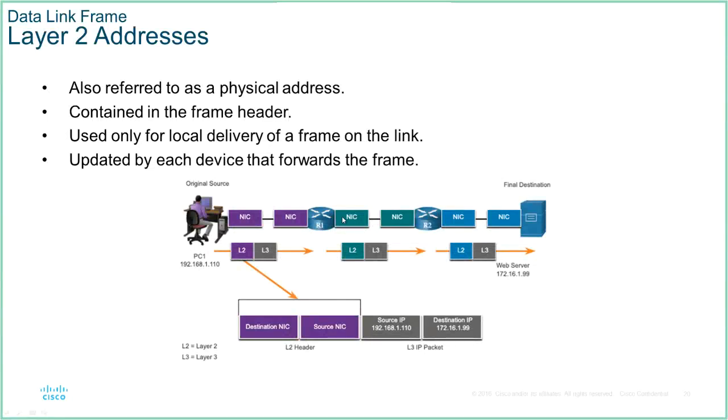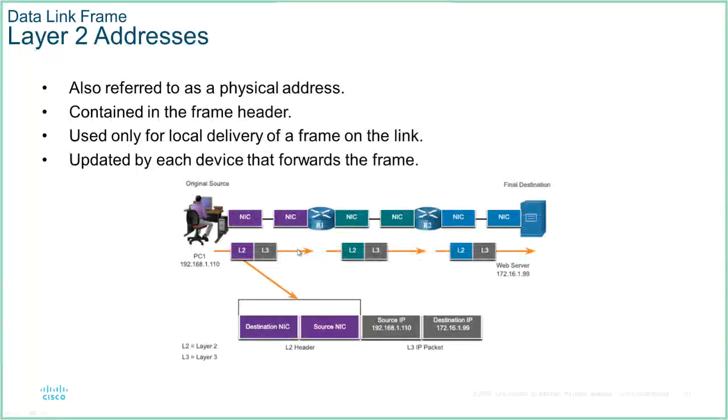To get there, we've got to go through router 1 and router 2. And this is where our layer 2 header comes into play. So from our original source, this is the layer 2 source, and router 1 is the layer 2 destination.